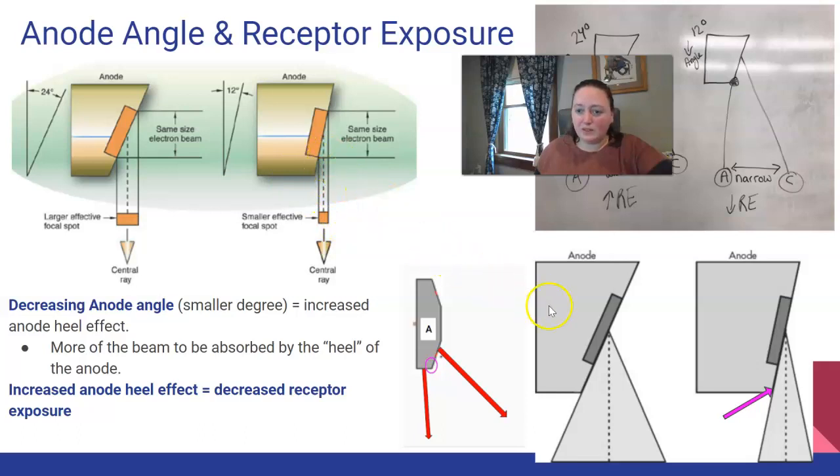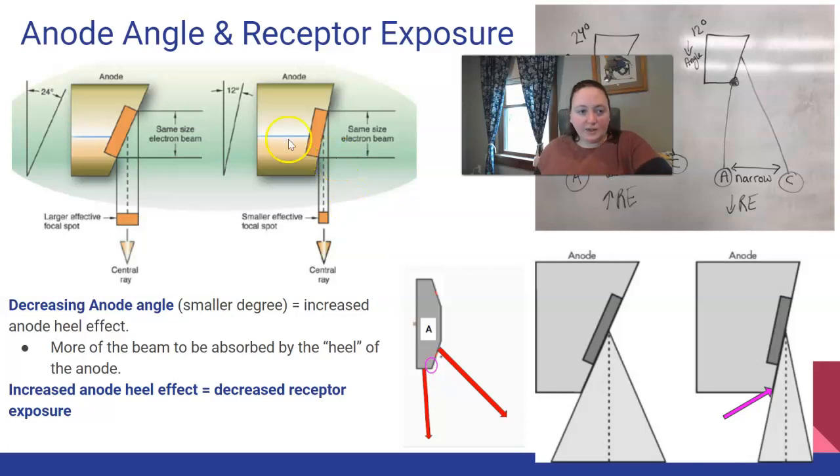So if you go down to this one where I have the purple arrow, this heel is stealing quite a bit. Whenever we have an increase in heel effect, we have a decrease in receptor exposure because part of that beam is decreased in intensity.